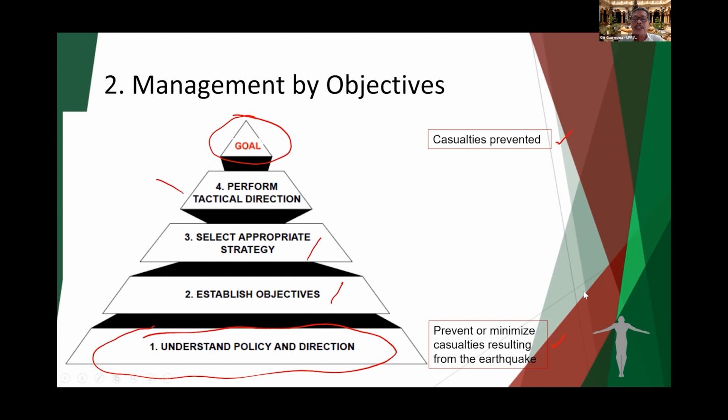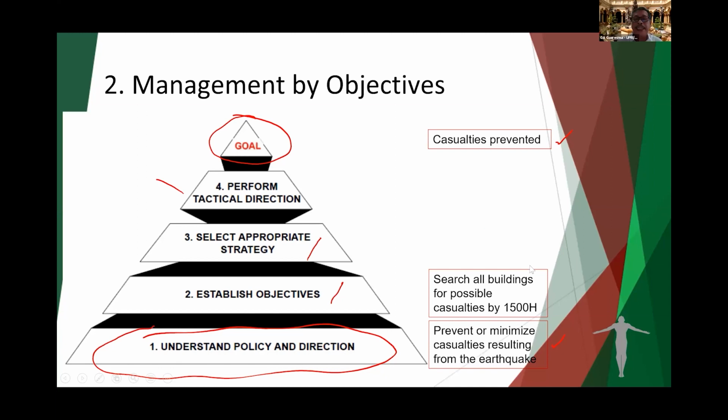Our objective is, let's say, by 1500 hours or 3 o'clock in the afternoon. Now, with this objective, we select our appropriate strategy, which is to mobilize our search and rescue team.